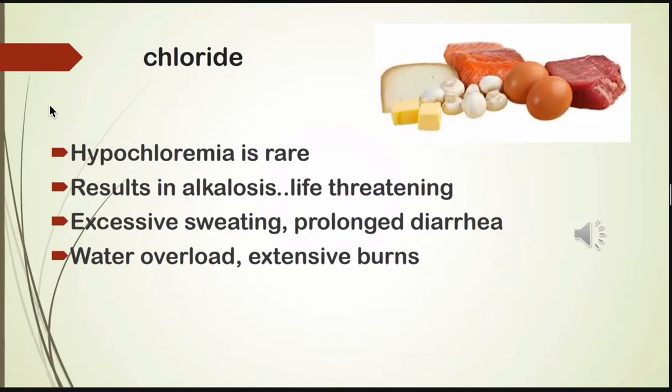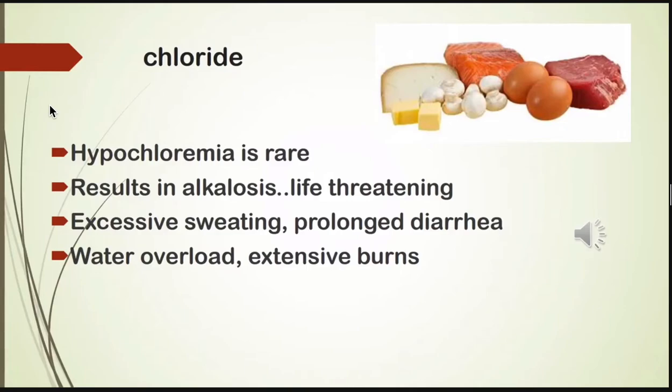Hypochloremia is a condition wherein there is too little chlorine in your blood. This condition, however, is rare, and if ever, it results in alkalosis and is life-threatening. This condition can happen if you have excessive sweating, prolonged diarrhea, or in conditions where you have water overload and extensive burns.